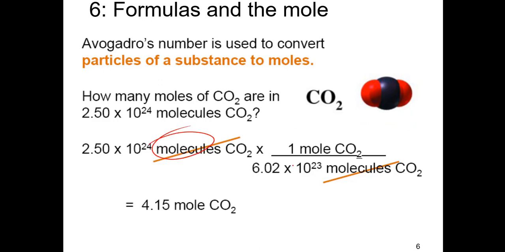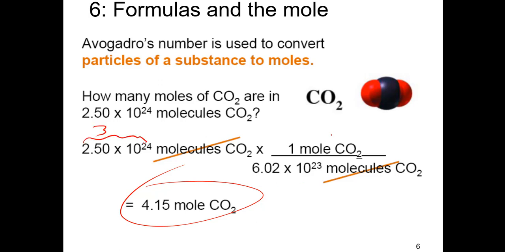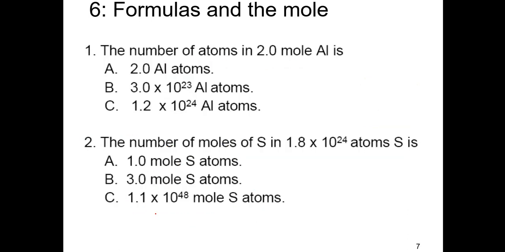The molecules has to be such that they cancel, so that's why molecules is on bottom and moles is on top. And then there is our final answer. Starting value has 3 sig figs, and then 3 sig figs in our conversion factor, so therefore the final answer should be rounded to 3 sig figs.